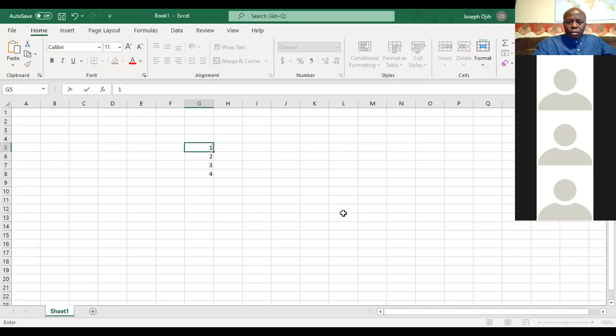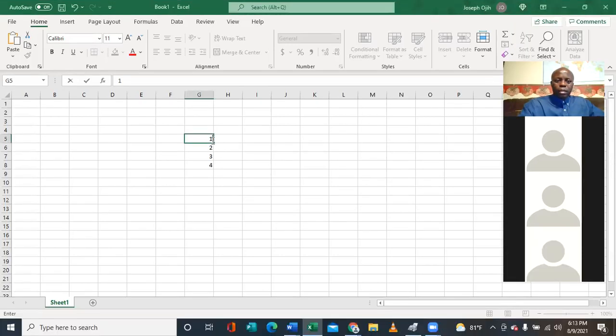Hold on, give me 1 minute. I'm seeing something I didn't put here. I'm seeing so many things here that I shouldn't be seeing. Let me close all these things, they're blocking the space. All right. Now, can you see my screen here? Yeah. Okay, let's make Excel draw this.